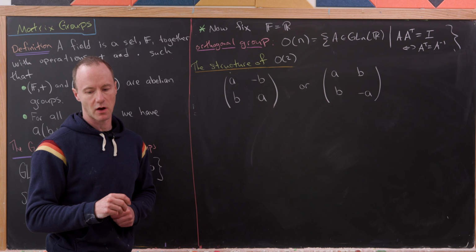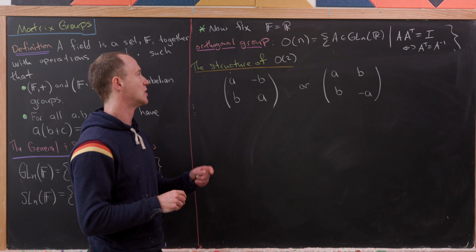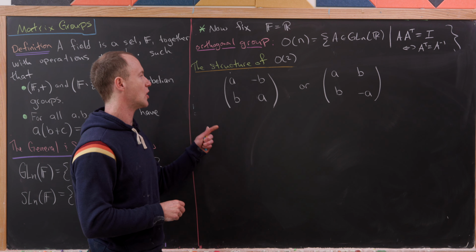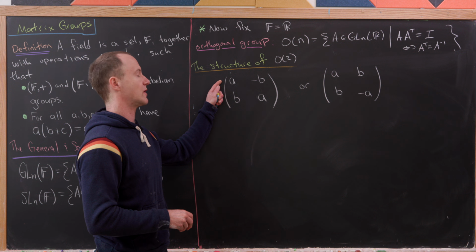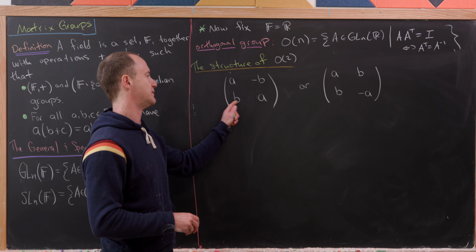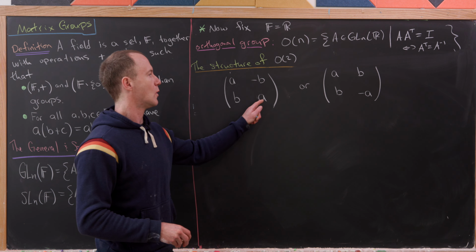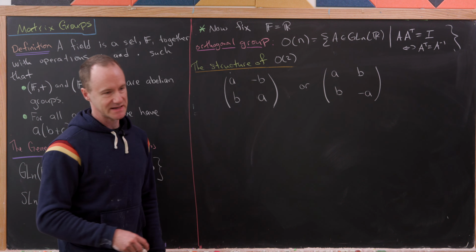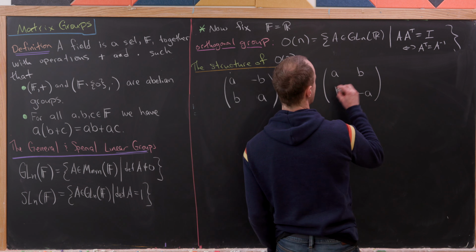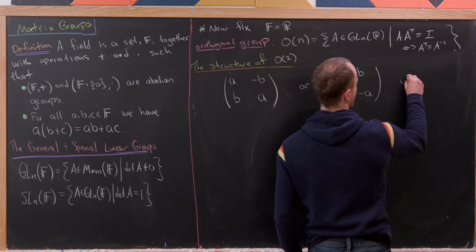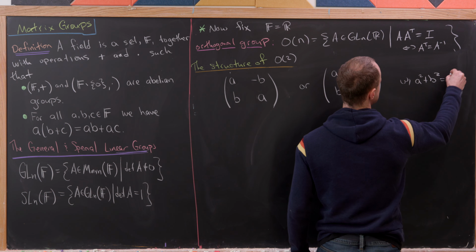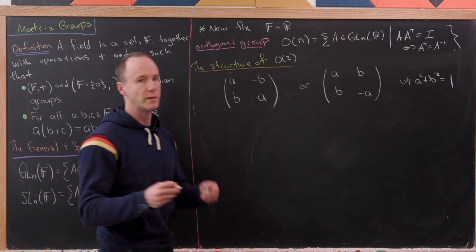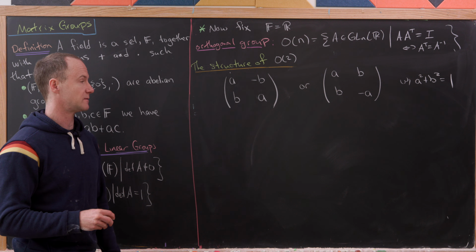So summarizing all of that stuff we had on the last board, we see that the structure of O2 is the following. We've got matrices that are read row-wise, A, minus B, B, A, or A, B, B, minus A. And I should say with A squared plus B squared in both of these cases equaling 1, which we had on the previous board as well.